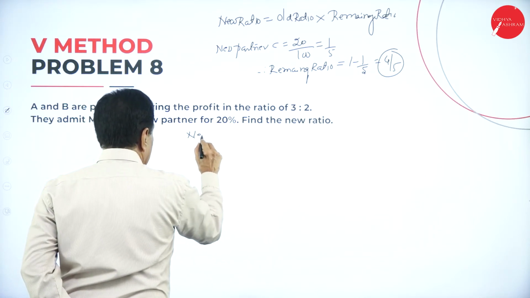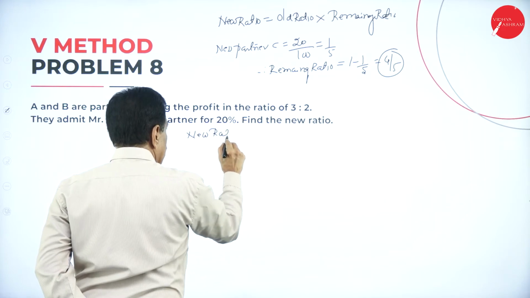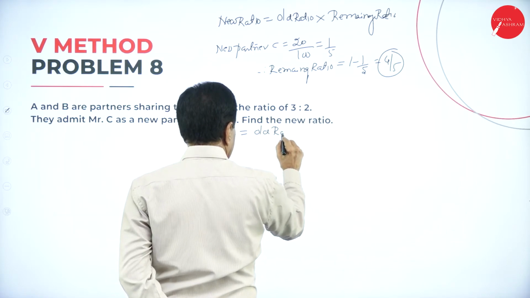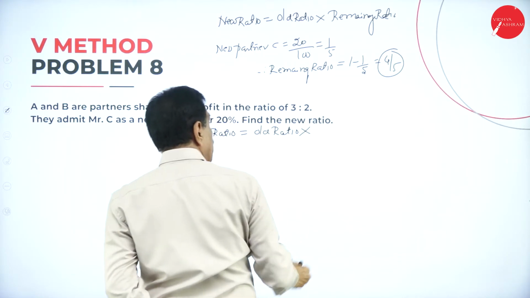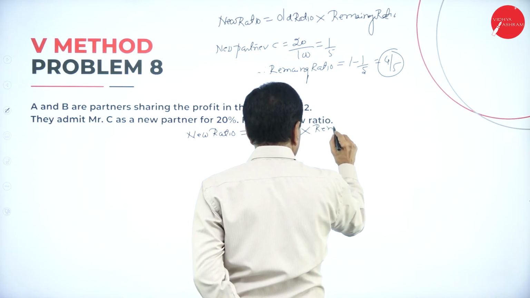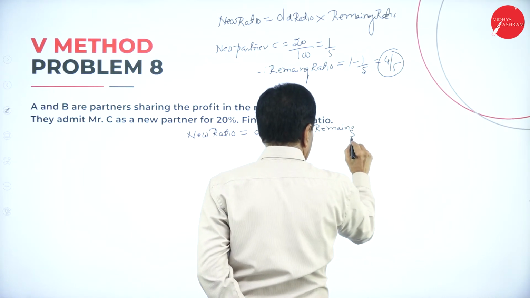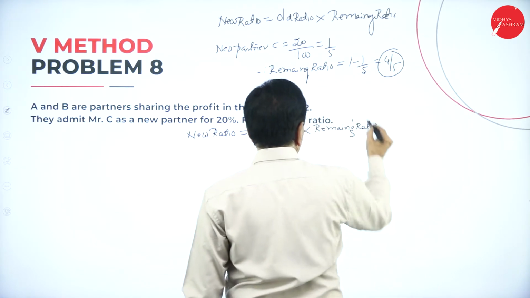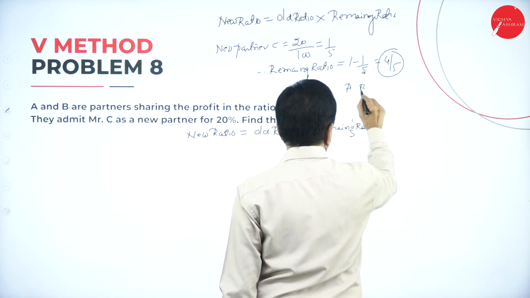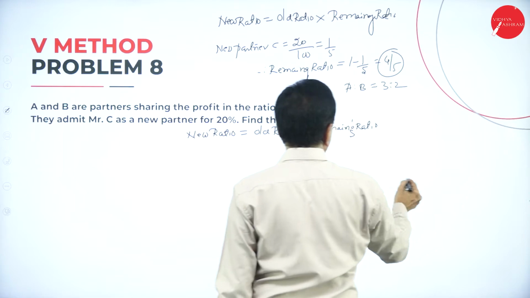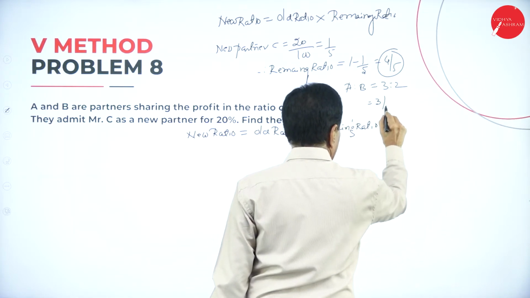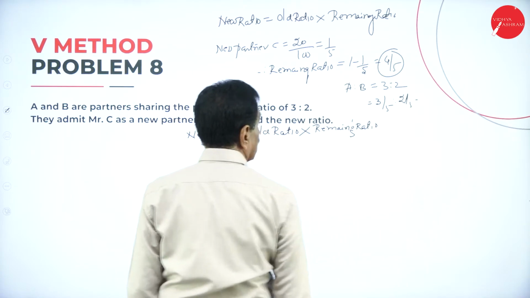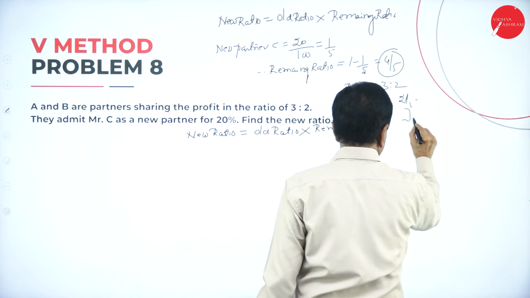New ratio is equal to old ratio multiplied by remaining ratio. So, who are the partners? A is to B is equal to 3:2. So A is equal to 3/5, B is equal to 2/5. This is called the old ratio.